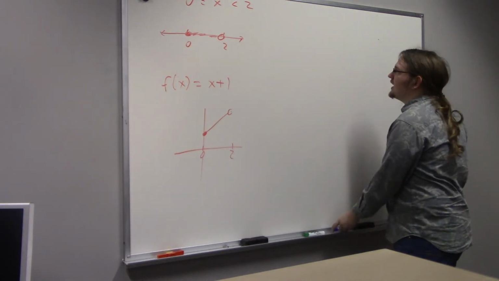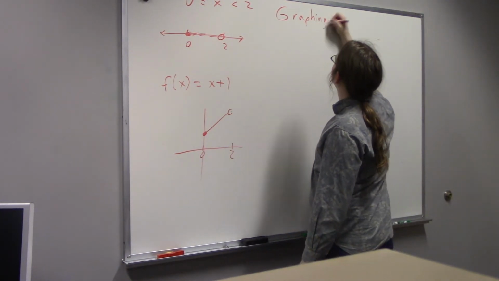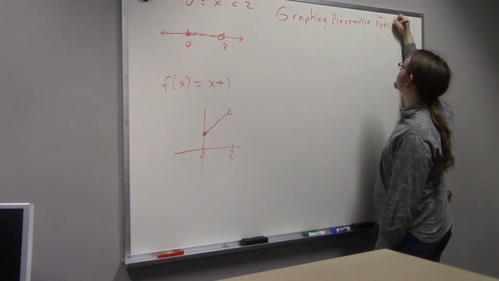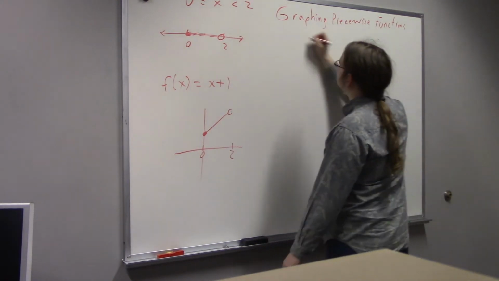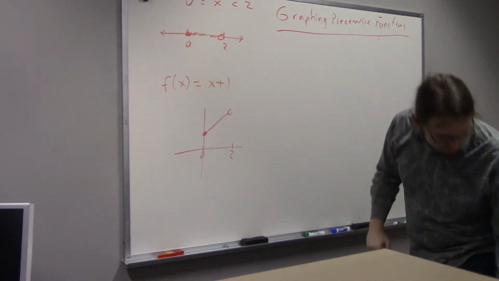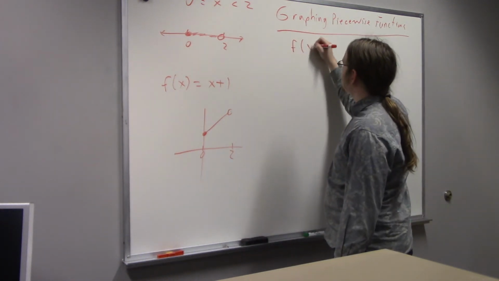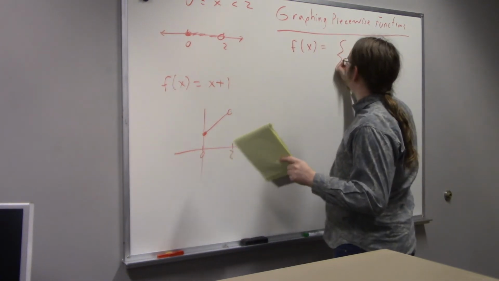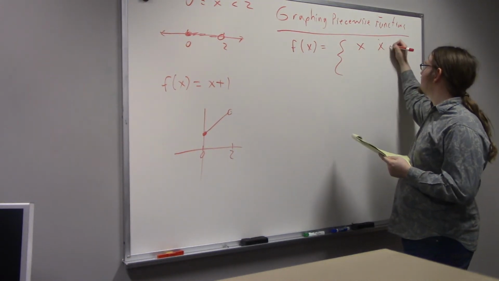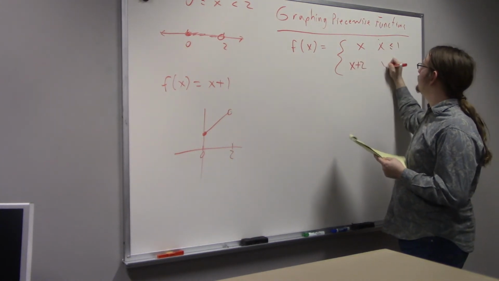So for now we're just going to look at graphing piecewise functions. Our first function that we're going to look at, f of x is equal to x when x is less than or equal to 1, and x plus 2 when x is greater than 1.